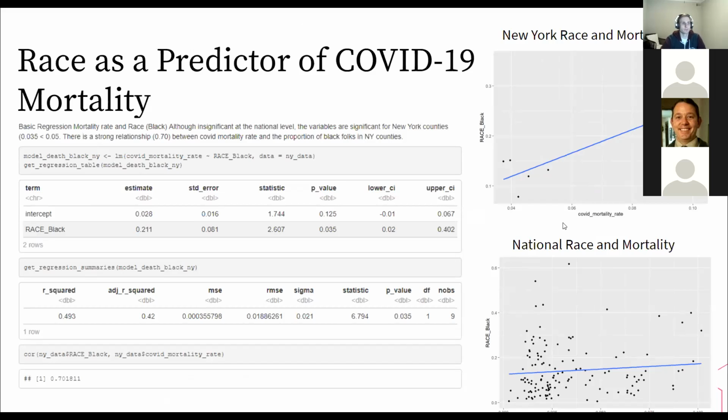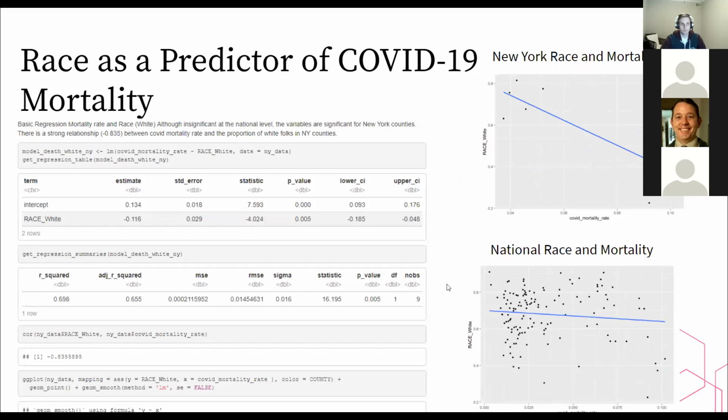Being near a hot spot like Manhattan is going to have a different mortality rate than counties that are geographically further from a hot spot like that. Unfortunately, we didn't have any geographic information in the data sets that we had access to, but that is something to consider as well.